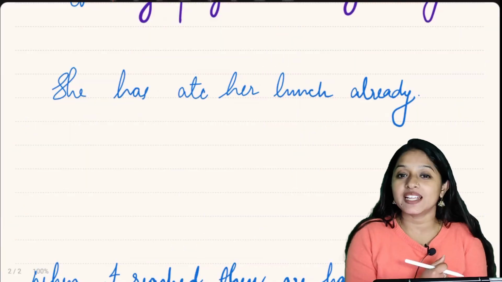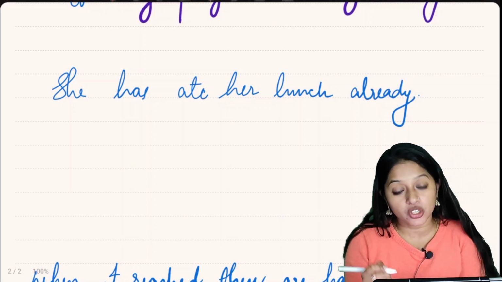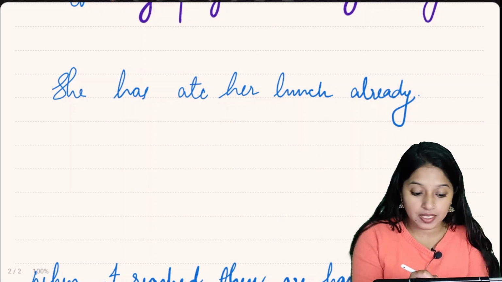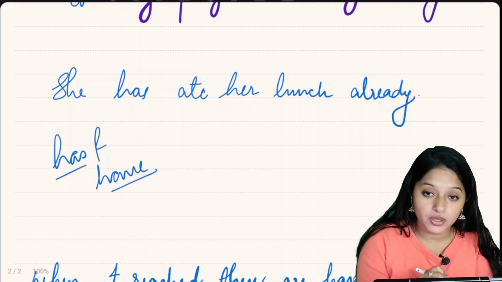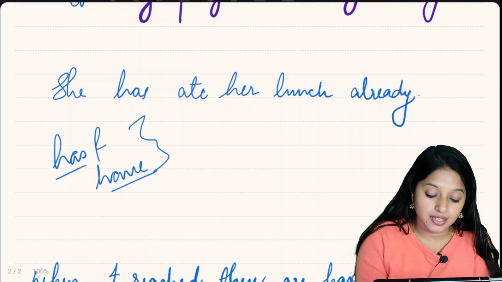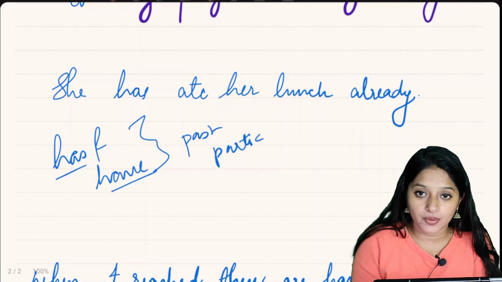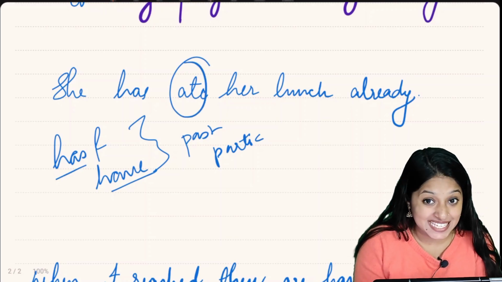Okay, now let's move on to the next sentence, that is, she has ate her lunch already. Okay, with auxiliary verbs like has and have, we will use the past participle form of the verb. So what is the problem here? The verb is eat, right?